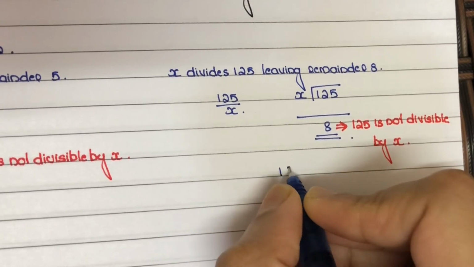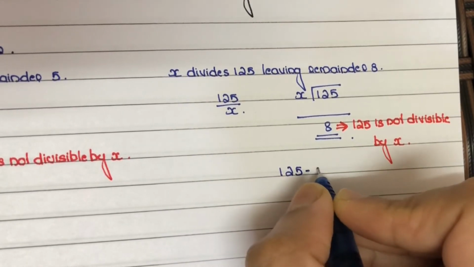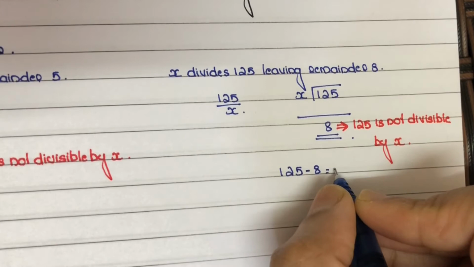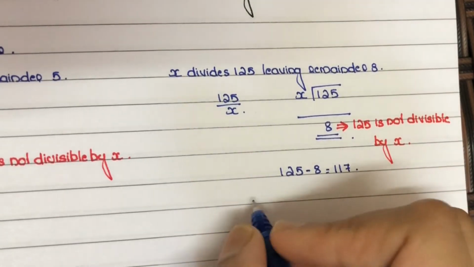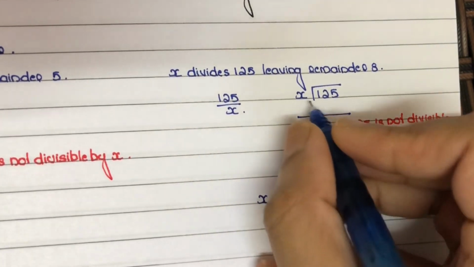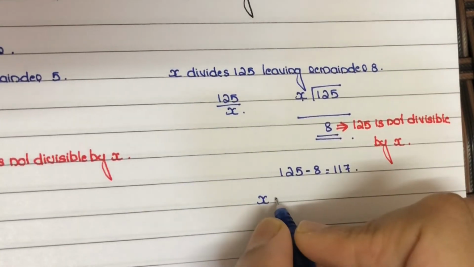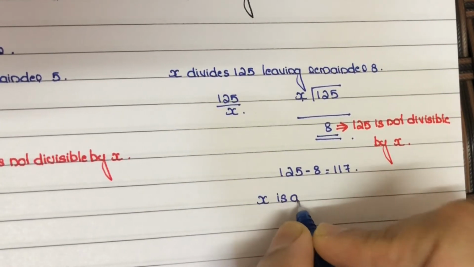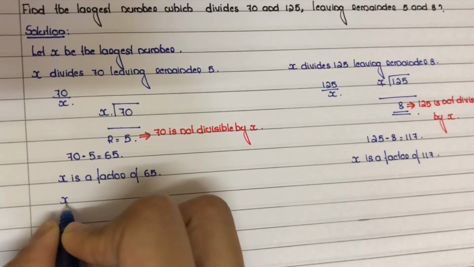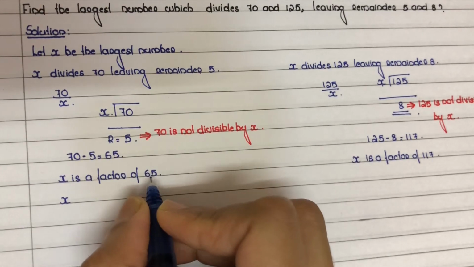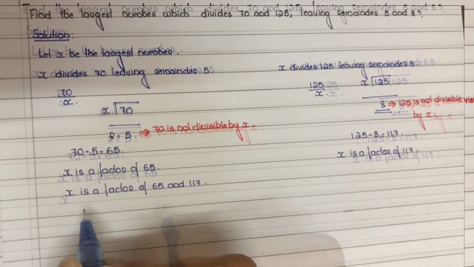That is 125 minus 8 equal to 117. Okay. So you can say that x is a factor of 117. So in general you can say that x is a factor of 65 and 117.